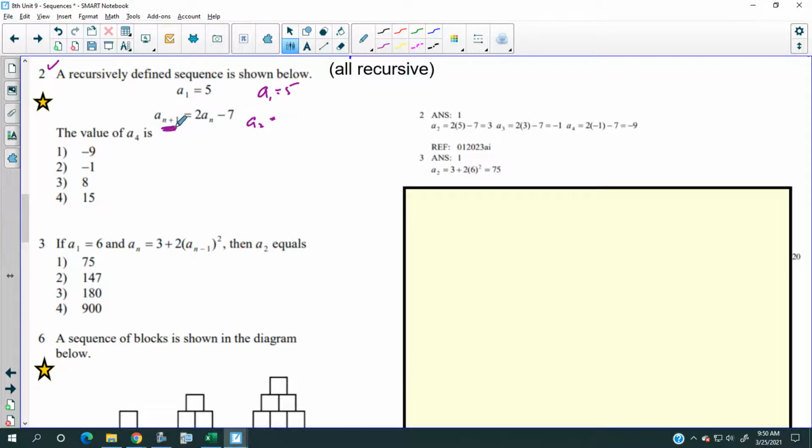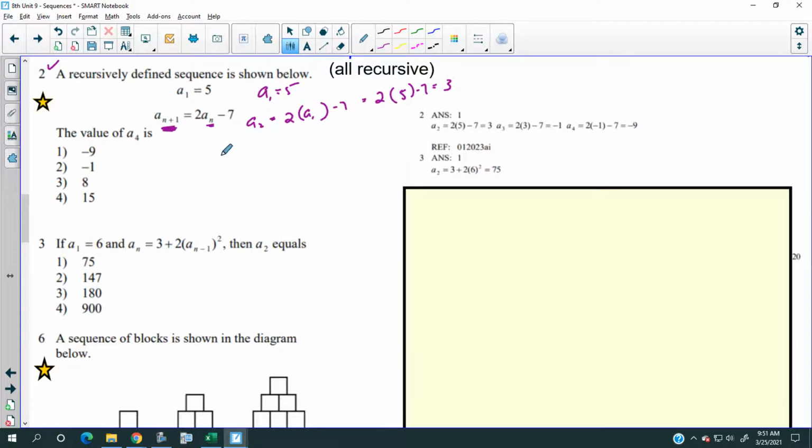A(n+1) and A(n). For the second term, take 2, multiply it by the term before that, which is A1, and then subtract 7 from it. As you all know, the first term is 5. So that's all this is: 10 minus 7 is 3.